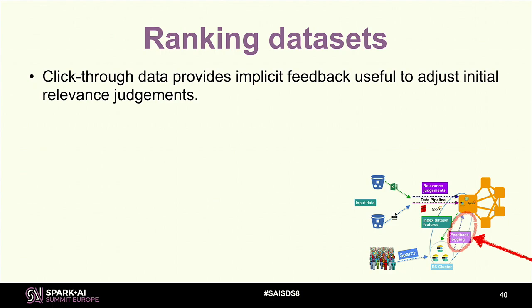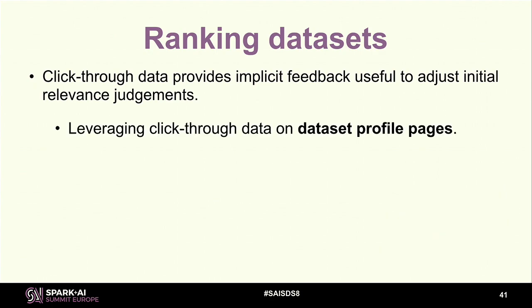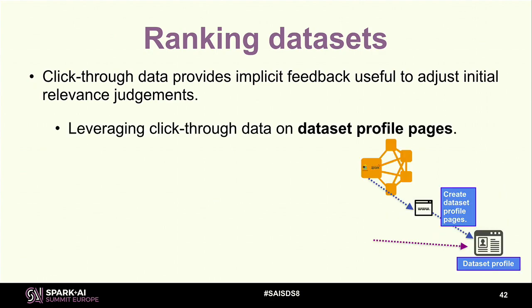So we could incorporate a star relevance judgment, like 1 star, 5 stars, is it relevant for me or not, inside the dataset profile page. And so you might recall this part of the overall picture. We have dataset profile pages, and we can incorporate this mechanism of giving feedback for users.